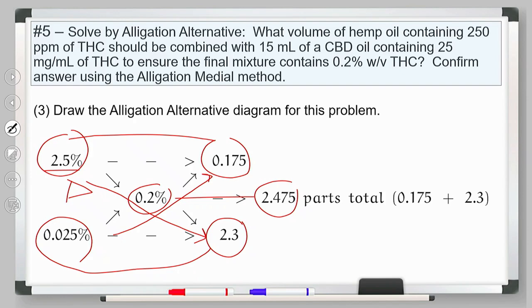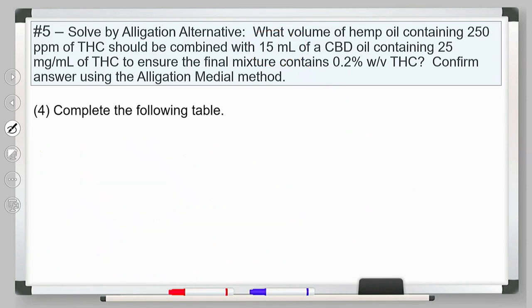And just as a reminder, we need to know at least one quantity. What is the only quantity we know? We're going to combine it with 15 milliliters of the CBD oil. So that quantity goes with the 2.3 parts: 2.3 parts over 15 milliliters. Set that equal to whatever we want to solve for.